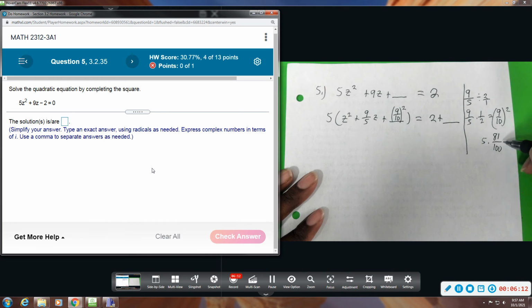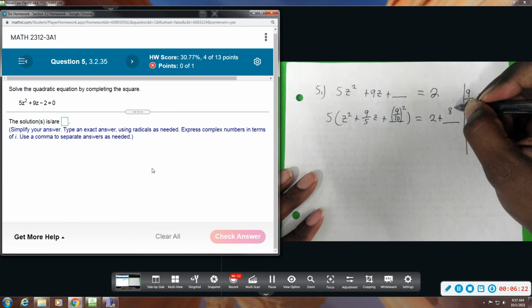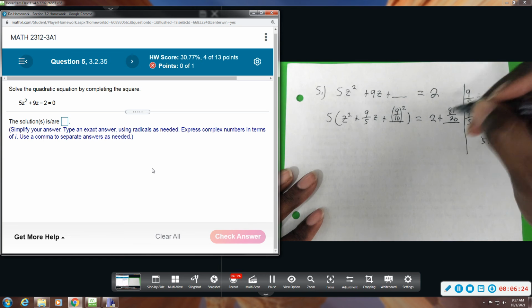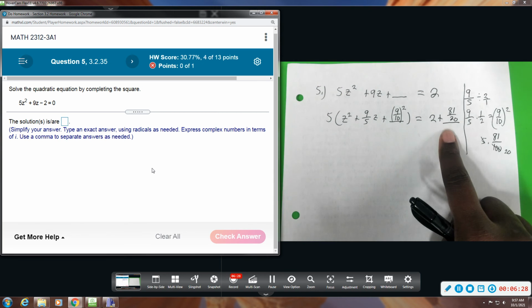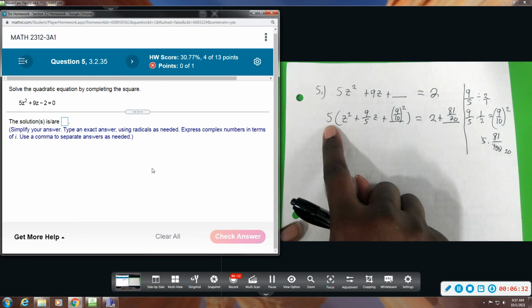So when you multiply by 5, I just think about reducing. 5 and 100 are both divisible by 5, so that will become 20. So just 81 over 20 is what I actually added. So extra step that doesn't really come out in context, doesn't happen all the time, but it does here. So be careful when you have that coefficient.